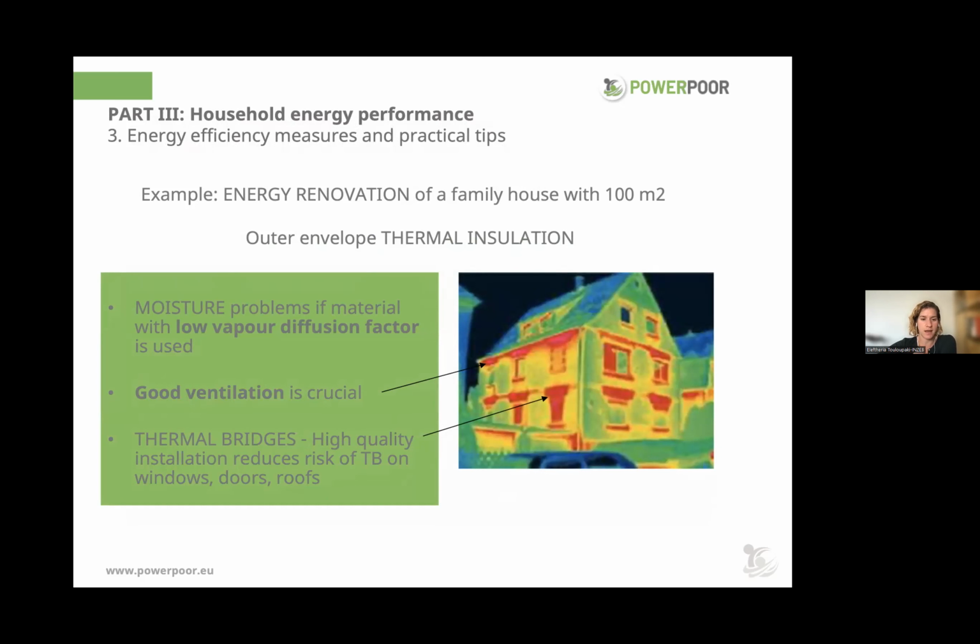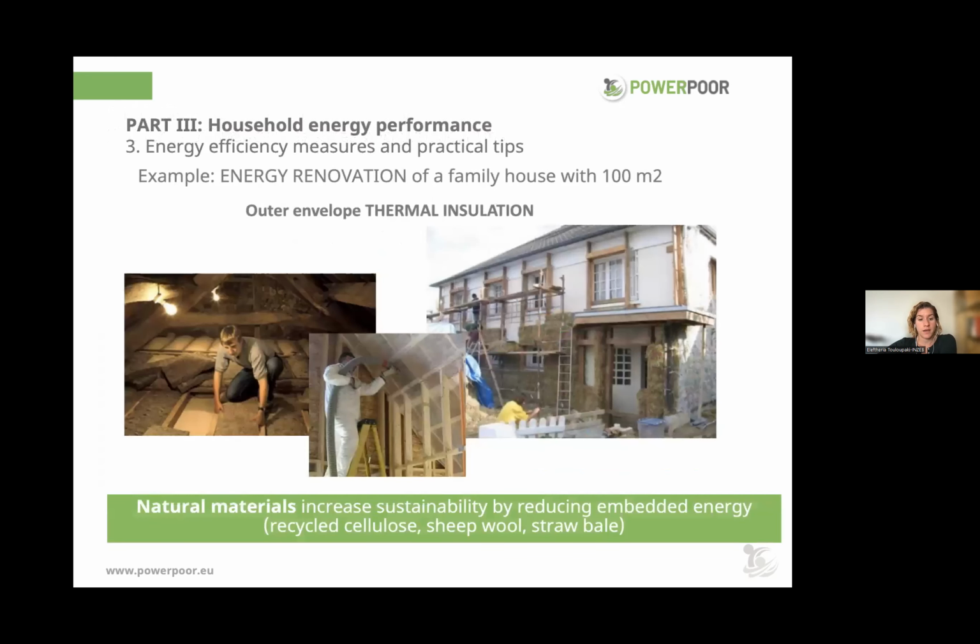Good ventilation is crucial, and insulating the thermal bridges is also very important to avoid moisture problems. When we use natural materials, this increases the sustainability by reducing the embedded energy, and they also normally have better values with regards to vapor diffusion.